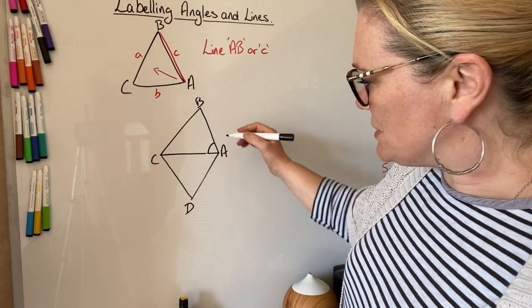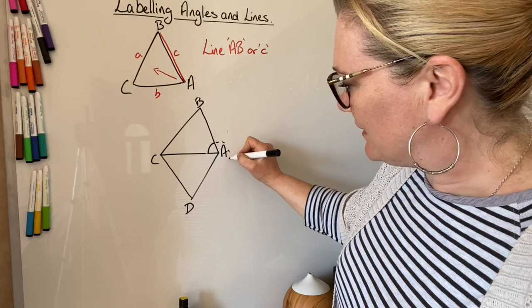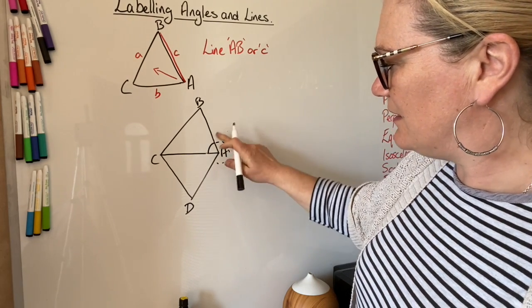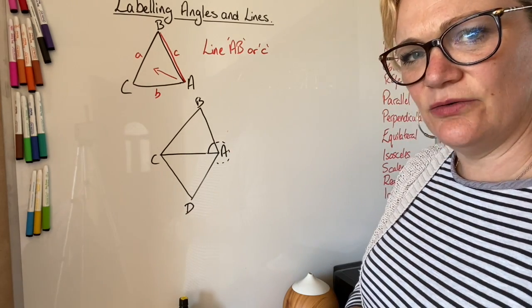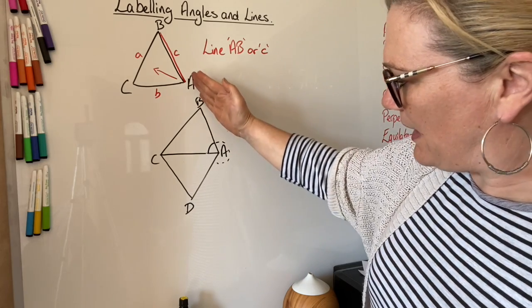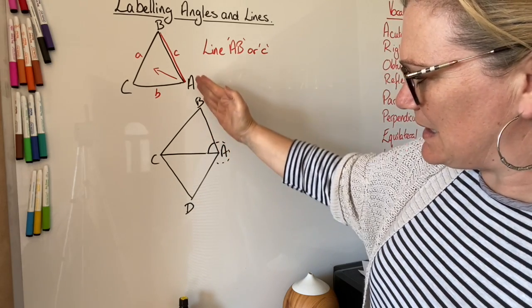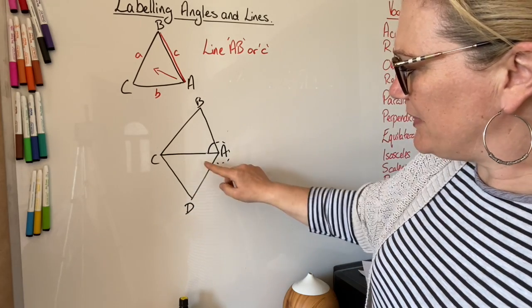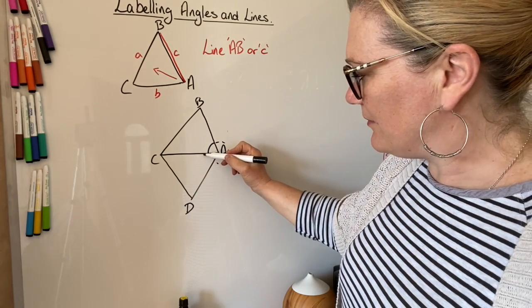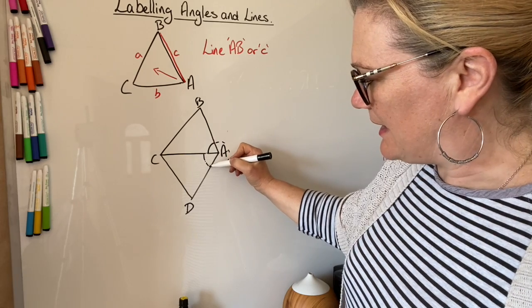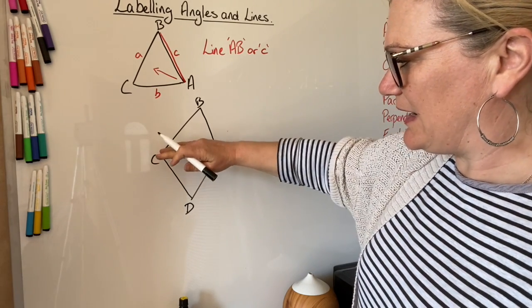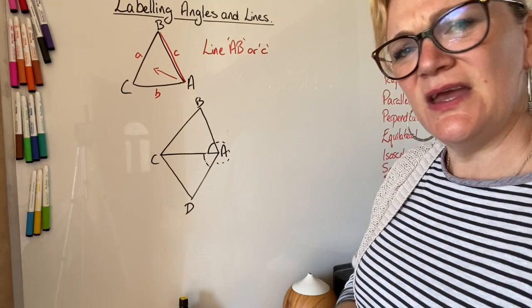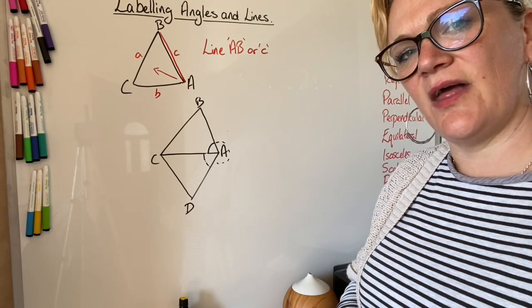We've also got this angle here, which is again a reflex angle that goes around from the line BA or AB round to the line AD. And there's also another angle here, isn't there, that goes from the line AC to AD. So there are several angles at that point.